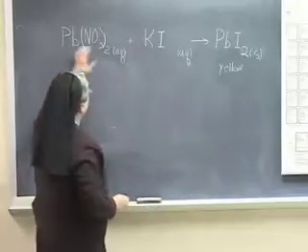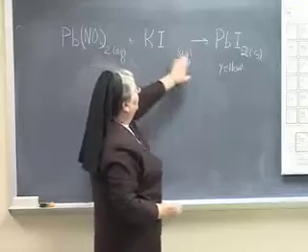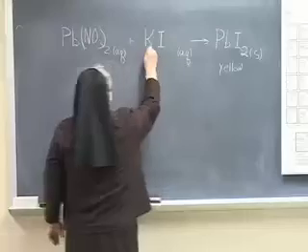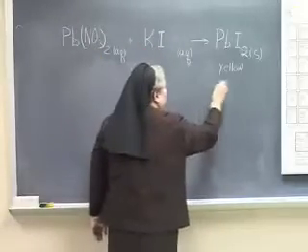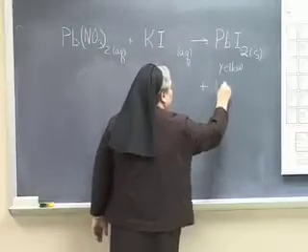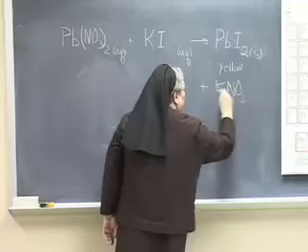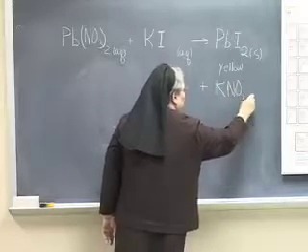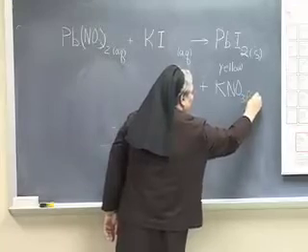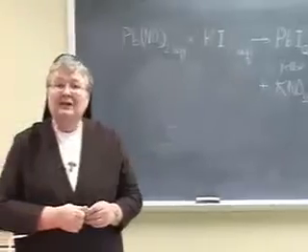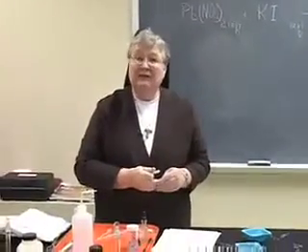The lead went with the iodide to form lead iodide, an insoluble precipitate, and the potassium is going to go with the nitrate. So I can't go any further there, but it's plus potassium nitrate, which is +1, -1, and it's aqueous. It's not a solid. So this is a reaction that we have. I'm going to ask you, is this reaction balanced?